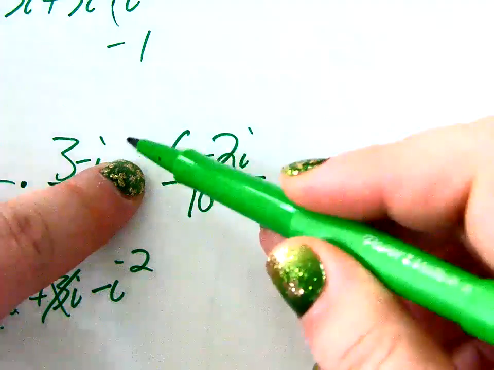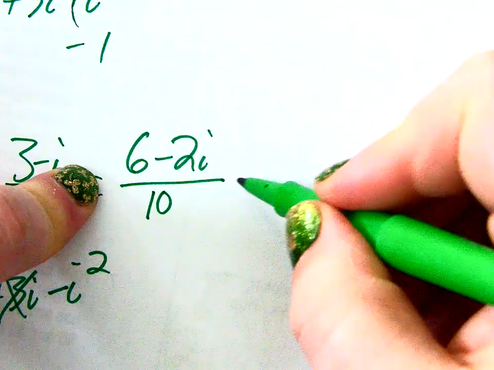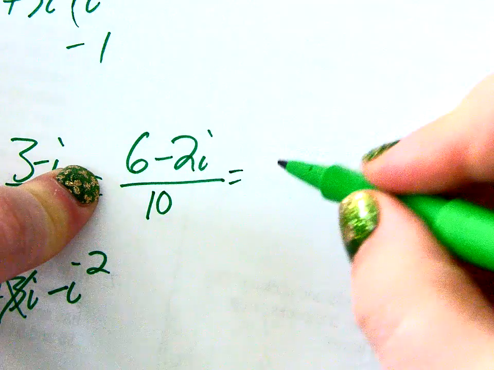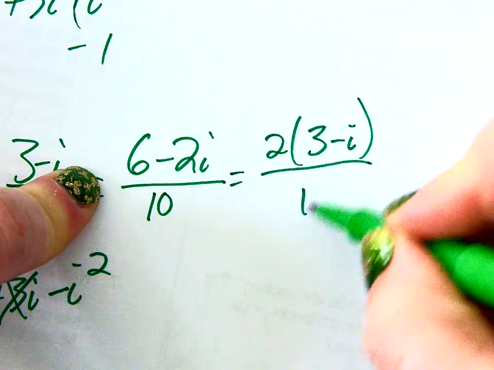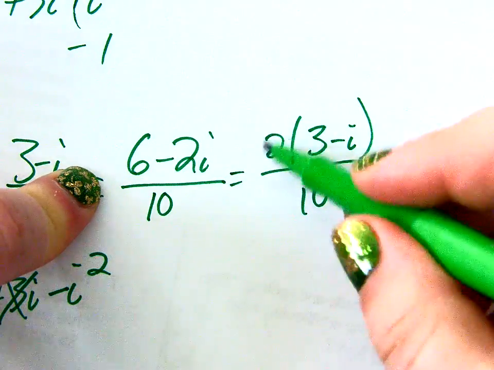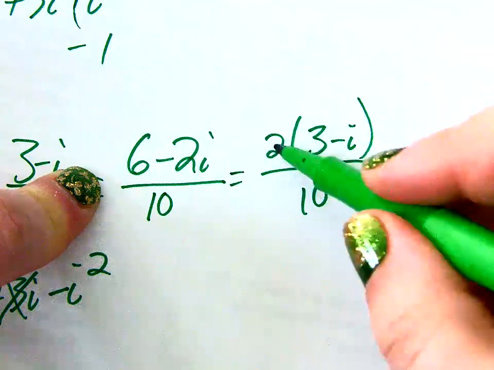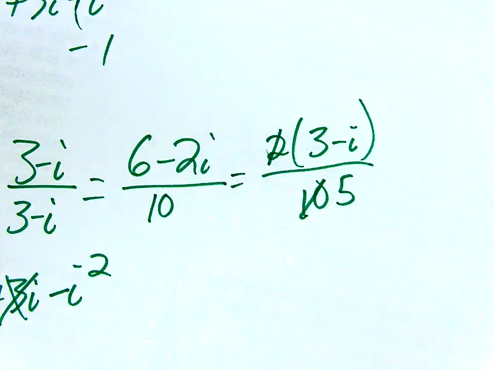And if I take out a 2, then I can reduce the 2 with the 10. Because I'm going to turn it into multiplication. Watch. So I'm going to factor a 2 out of the top, and that would leave me with 3 minus i. Now, that 2 is not part of a binomial anymore, so the 2 and the 10, I can absolutely reduce with each other. So now I get 3 minus i over 5.